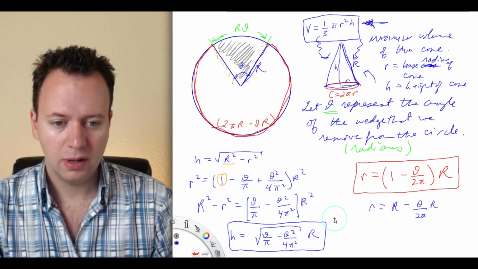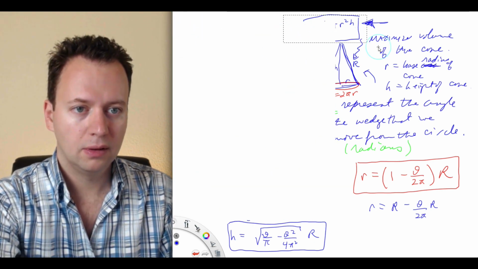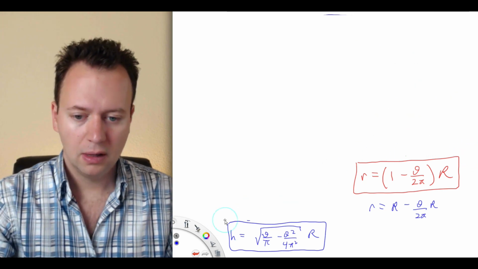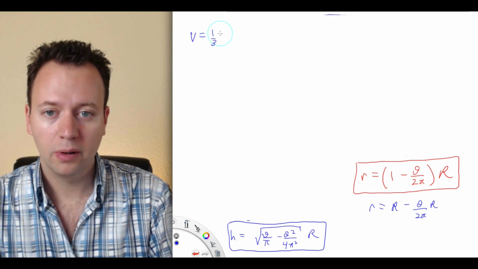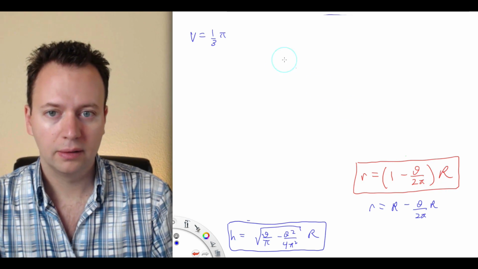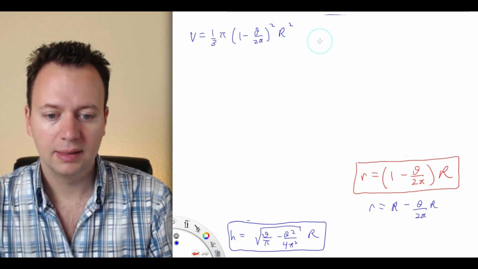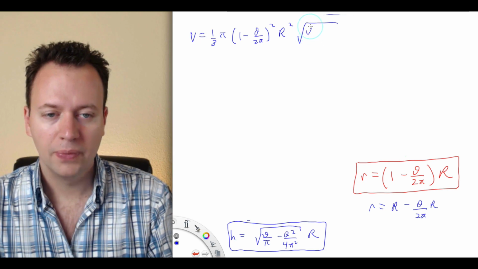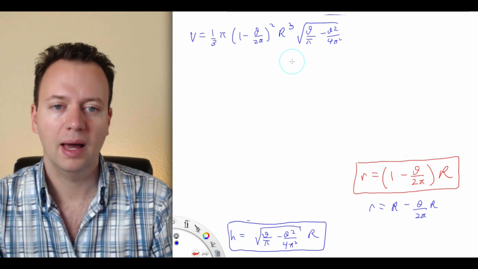Okay, so I think we can safely remove this stuff and all of this. So the volume of the cone is 1/3 pi r squared, so it's this squared. So it's 1 minus theta over 2 pi quantity squared times capital R squared, and then times height. So then times the square root of theta over pi minus theta squared over 4 pi squared times capital R, so that makes that capital R cubed.